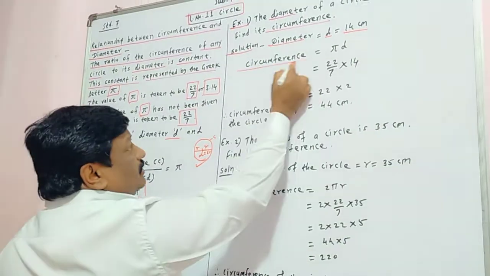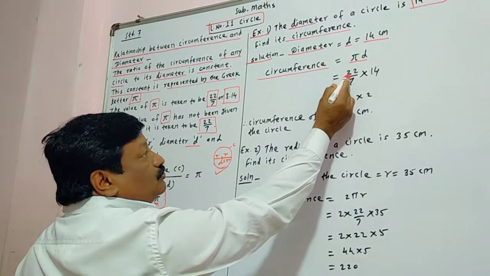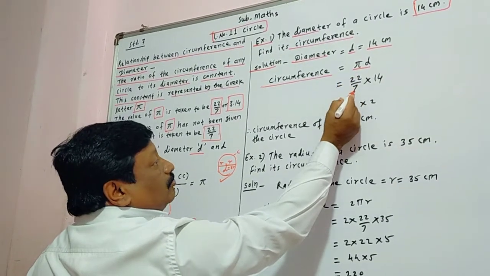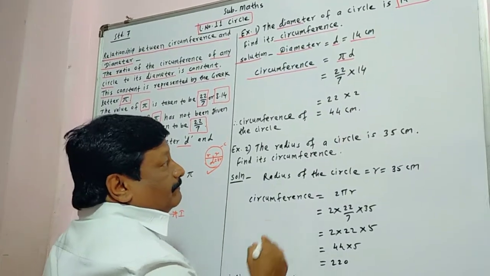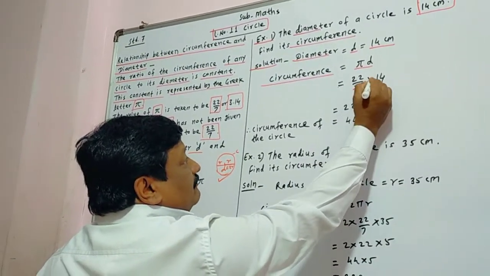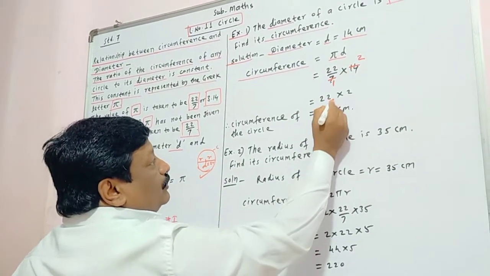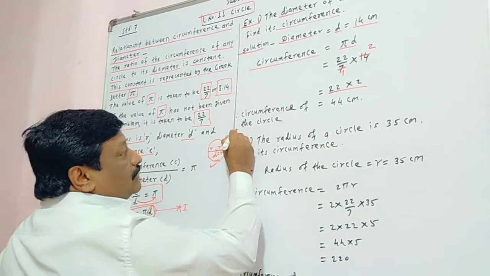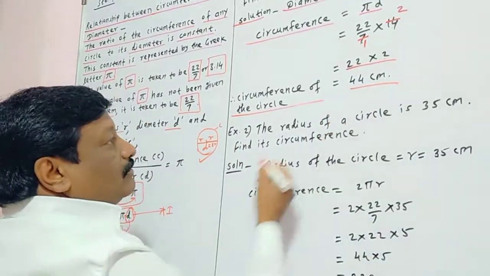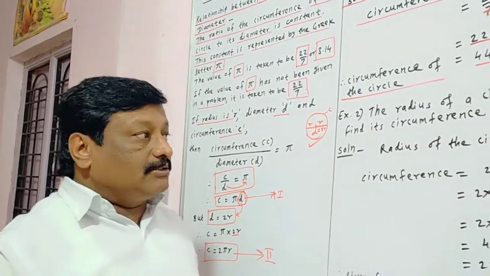Then formula is circumference equal to pi D, equal to, substituting values of pi and D, pi is 22/7 into D 14. 7 ones are 7, 7 twos are 14. Equal to 22 into 2. 22 into 2 is 44 centimeter. Therefore, the answer is circumference of the circle equal to 44 centimeter.